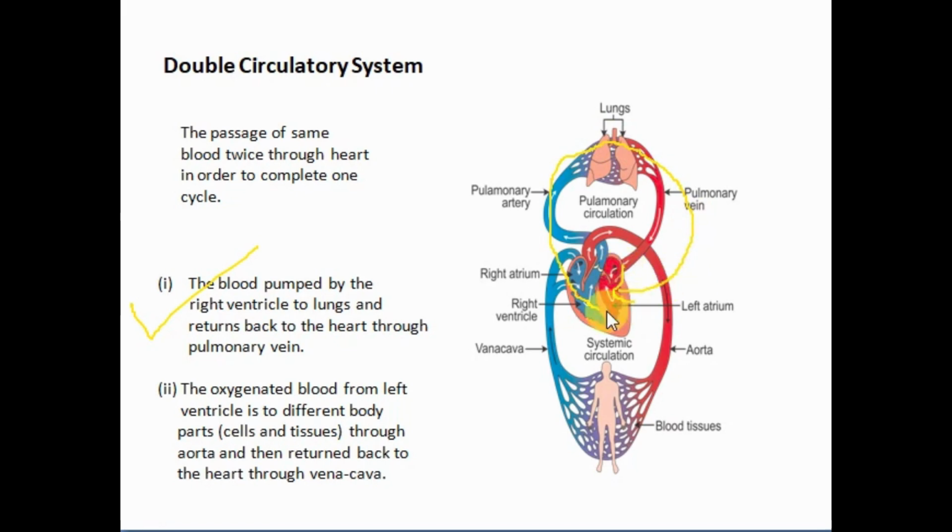The other cycle is, from this left ventricle, the oxygenated blood will travel through the aorta, and then it will transfer that blood to different parts of the body. Oxygen will be transferred, carbon dioxide will be extracted, and this carbon dioxide is carried by veins, and again the veins will bring it back to the heart through the vena cava.